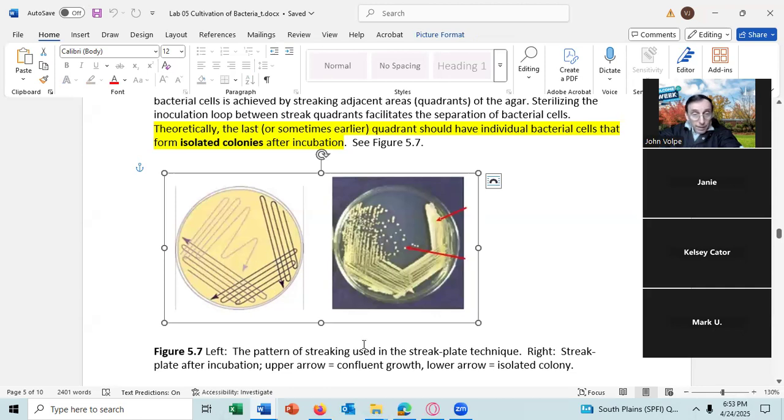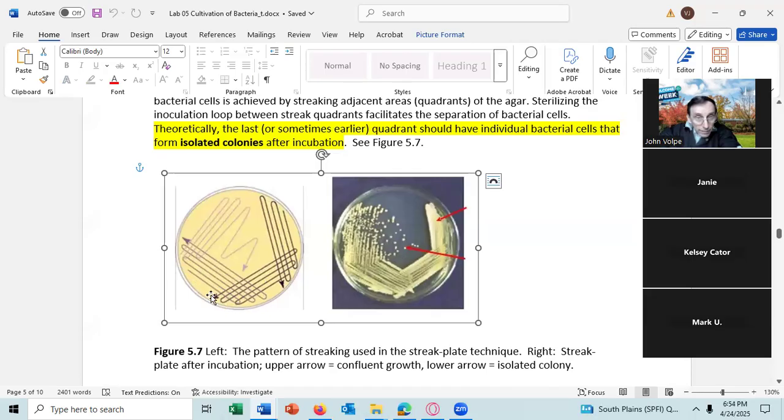And then you sterilize your loop, put it on quadrant 3, which this is actually shown correctly, and then you bring it into quadrant 2 to pick up the cells, but you don't go to here, because this is where the bacteria of quadrant 2 are their heaviest. You only go where the bacteria are light, on that streak, maybe that streak.